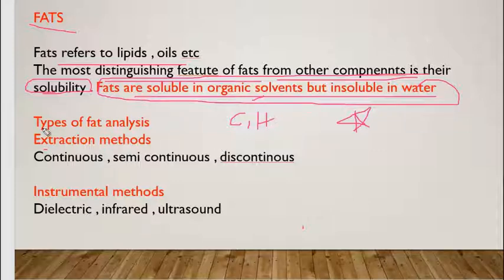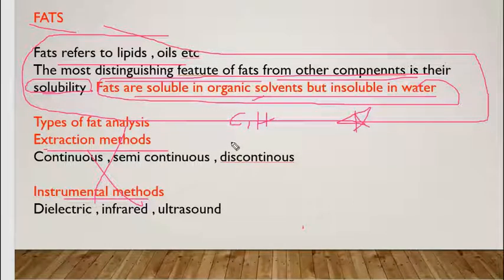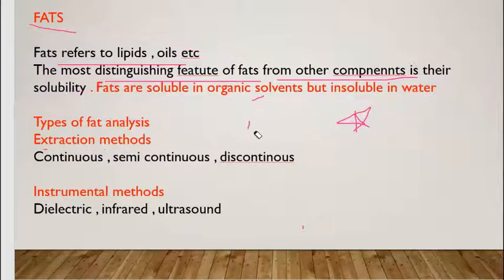So types of fat analysis are the extraction method and the instrumental method. These are not required; my intention in adding this was to show how fats are determined in the whole food system. We have spoken about fats and proteins in today's class, and in my previous class I covered the other three components.